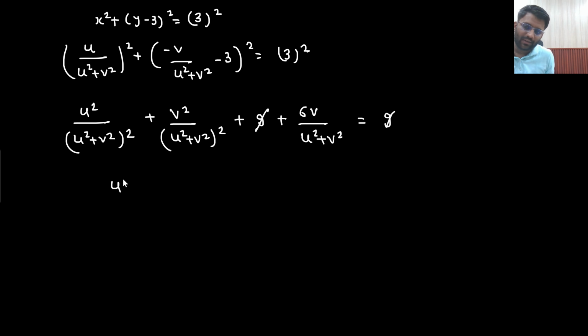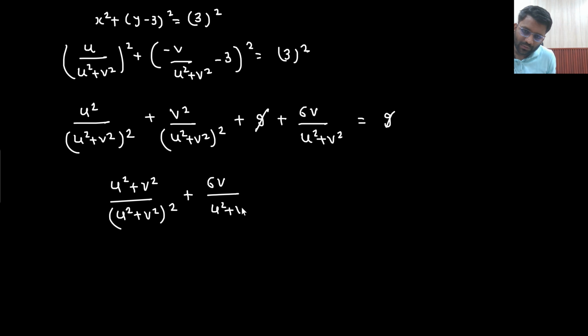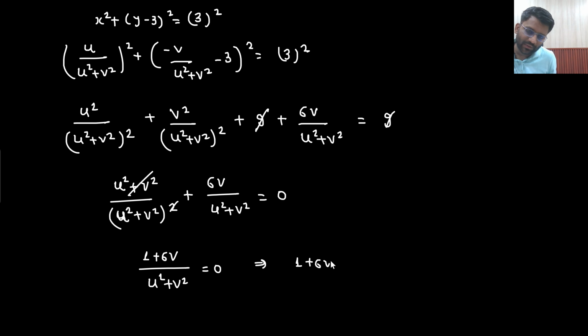What you are getting? (u square plus v square) upon (u square plus v square) to the power 2 plus 6v upon u square plus v square equals 0. Now you can see that this and this get cancelled out. So you are getting 1 plus 6v divided by u square plus v square equals 0. So from here what do you see? 1 plus 6v equals 0.